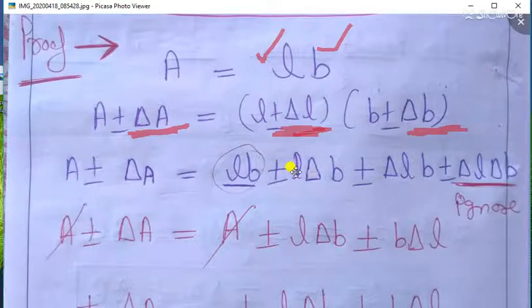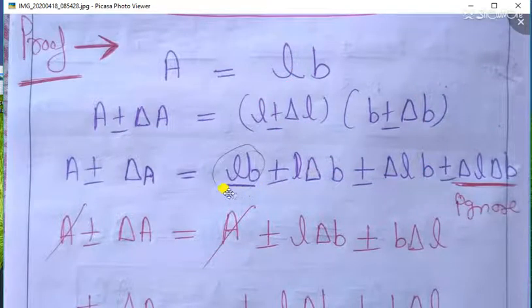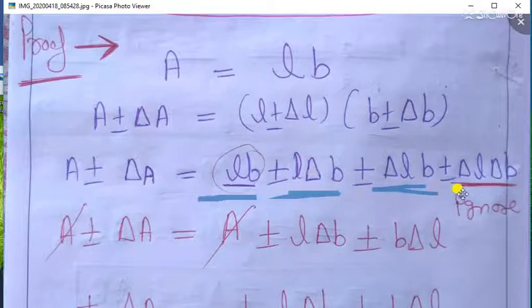So by opening the braces and multiplying, you can get L into B. This L will be multiplied with B, then L will be multiplied with delta B, then delta L will be multiplied with B, and then delta L is multiplied with delta B. Then you will get L into B plus minus L into delta B plus minus delta L into B plus minus delta L into delta B. This last term is very small, so we ignore it.